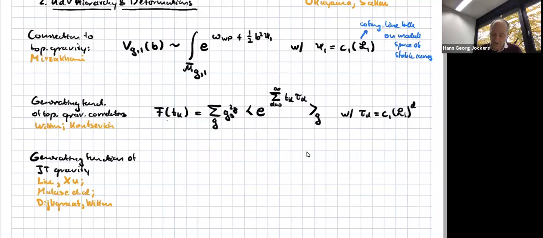And the upshot is that the corresponding generating function, which I denote by G, depends on some parameters gammas. Tk is essentially given by the same generating function, but just with a simple shift, where the gamma k's are constants.